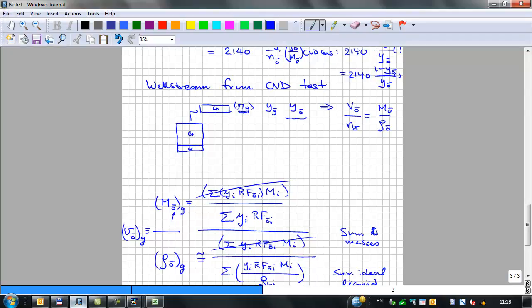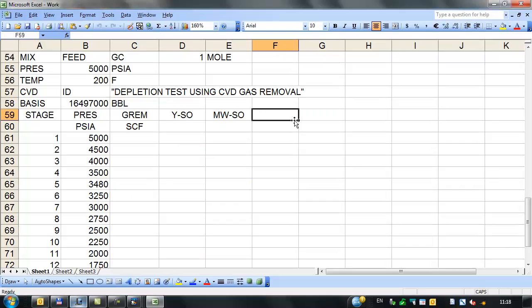We can do that because we take the equilibrium vapor here, and we can store that removed equilibrium vapor in a tank. We'll call it gas 5000. We'll put a tank there, and another tank, gas 4500.